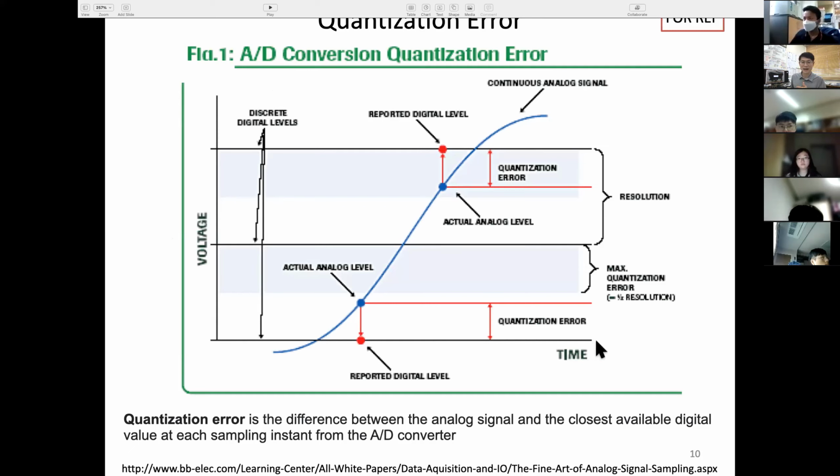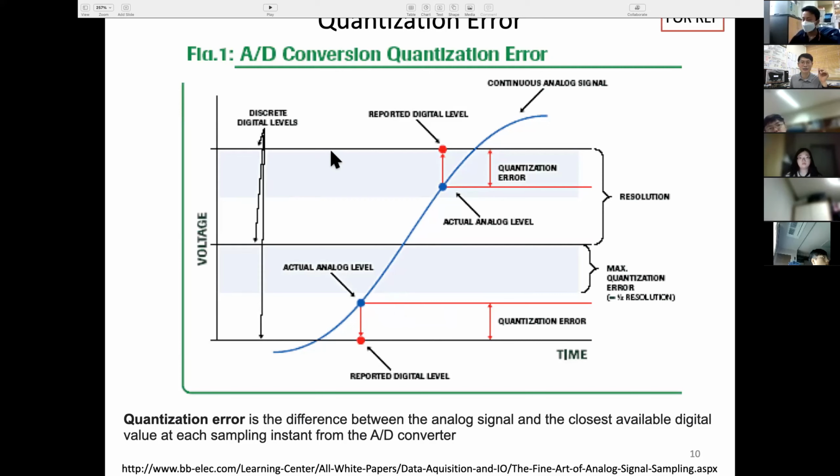On the x-axis is time, and the blue line is the actual signal. However, as I said, we are sampling over time. So let's say at this time we record the signal, and then at this dot, this time we are sampling. But the actual level of the signal is on the blue line. However, we can only measure certain levels. For example, these black horizontal lines are the discrete levels we can collect.